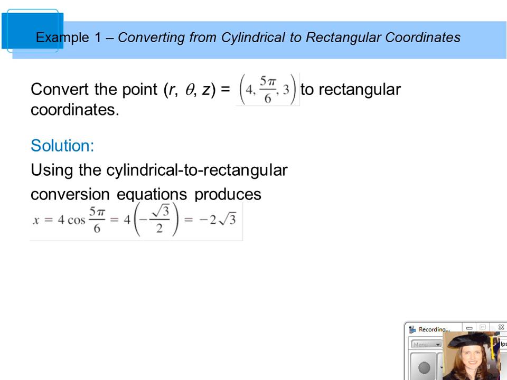Okay, by using the first equation, x equals r cosine theta, we can see that x is negative 2 square root of 3. y is r sine theta, and when you simplify that, you get y is equal to 2. And then z is equal to 3. It's simply the same value in both rectangular and cylindrical.